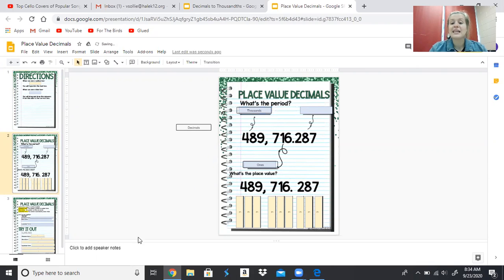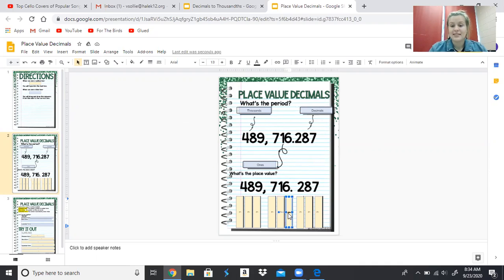Okay, and then this last period, this is what we're learning about this time. It's actually the decimals period because it is behind that decimal right here. So anything behind the decimal, we have the decimals period. Now we're going to talk about what we call each of those place values within that period. So our 6 is in what place?